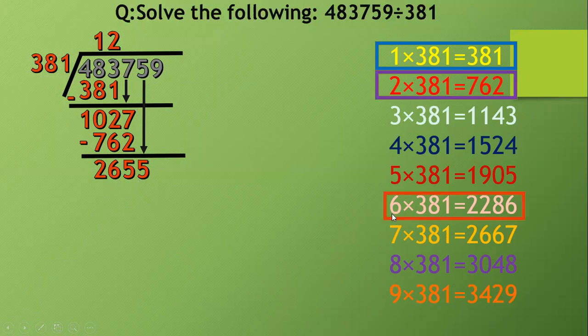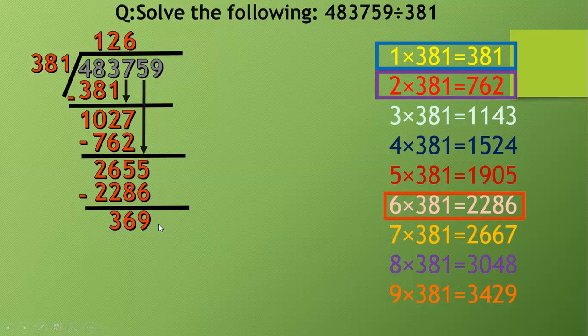Means when we multiply 6 by 381, the answer will be 2286. So we will write 6 in quotient and 2286 here. And in next step, we will subtract 2286 from 2655. So our answer is 369.